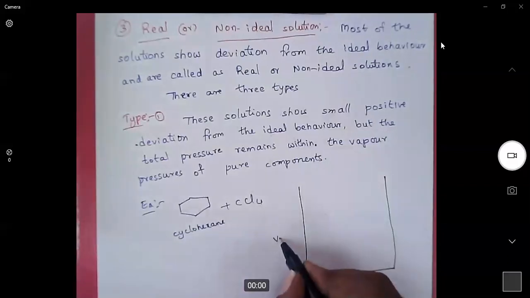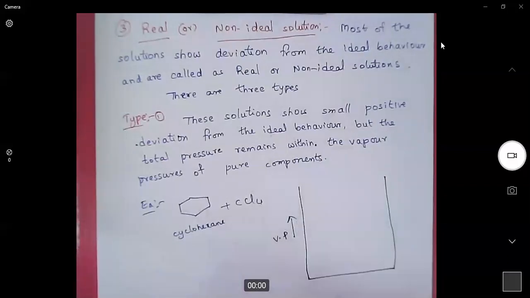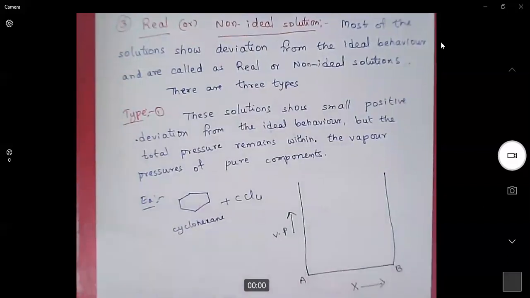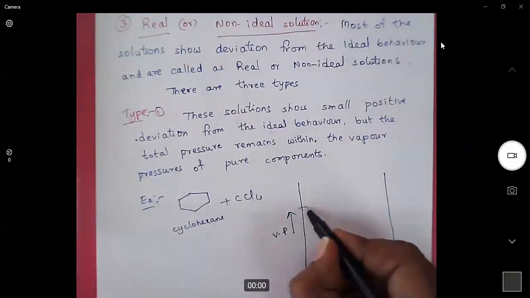As we know, on the y-axis we will take vapor pressure, and on the x-axis we take mole fraction. One side we will take pure A, the other side pure B. Here the mole fraction of A is 1. Here the mole fraction of B is 1. Now we know ideal solutions.